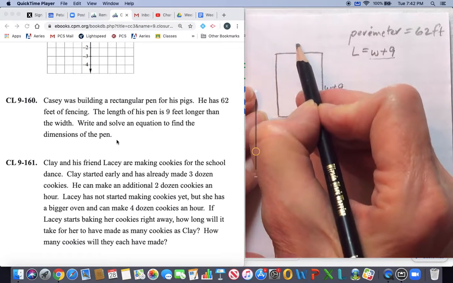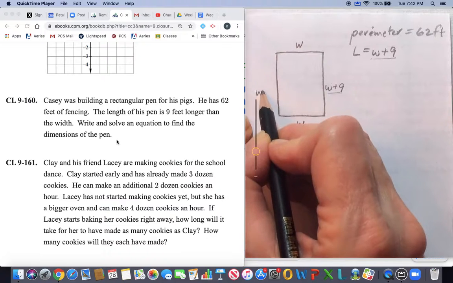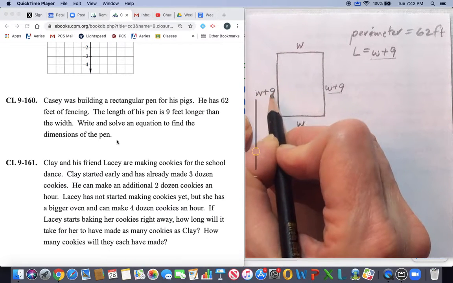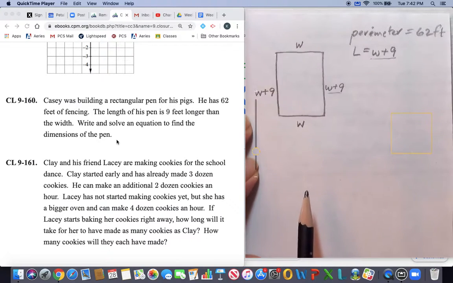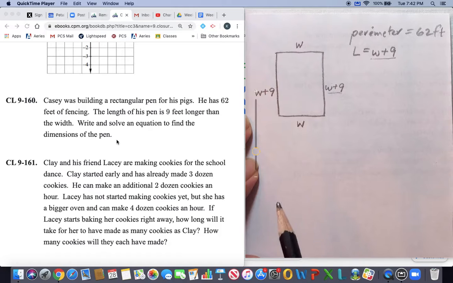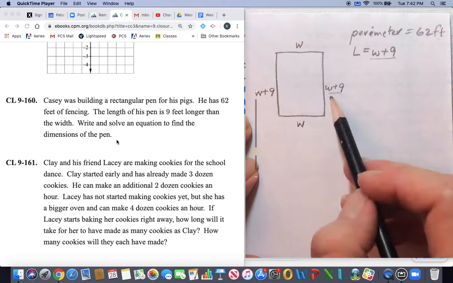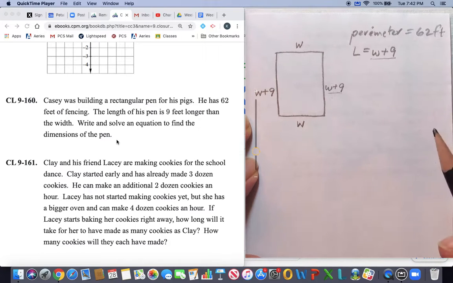I'm going to go ahead and label the rest of the sides so that I don't make the common mistake of thinking that a rectangle has only two sides. A rectangle has 4 sides, so don't forget that. All right, so we know that if we add up all 4 sides, it's going to be 62 feet.